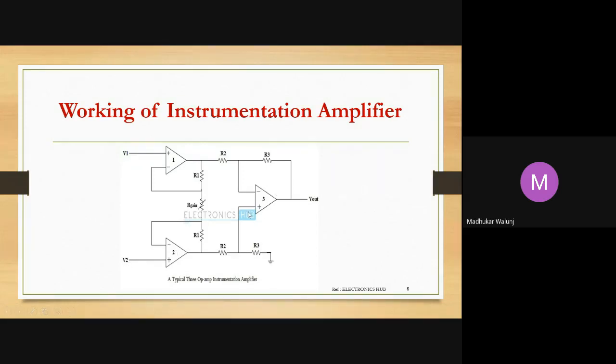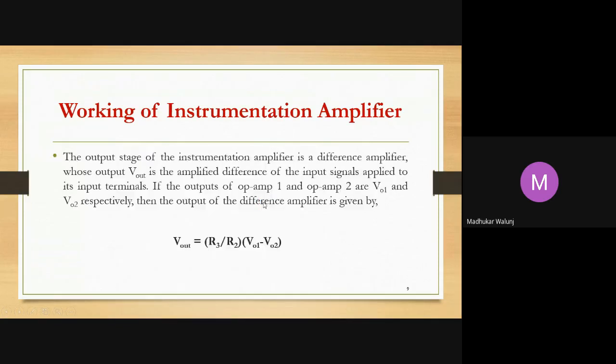The gain of this difference amplifier is R3 divided by R2. So finally, V out is equal to R3 upon R2 inside bracket VO1 minus VO2, because the instrumentation amplifier's third operational amplifier is a difference amplifier.